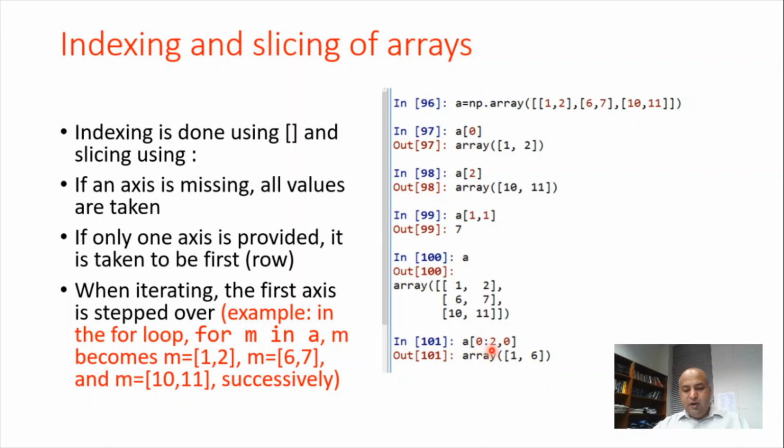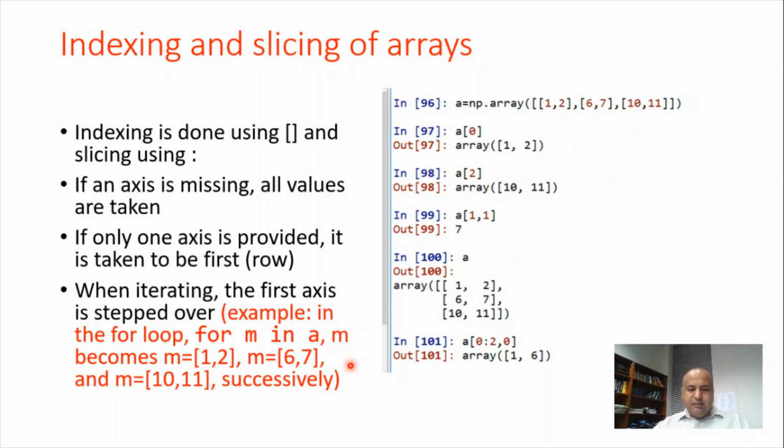So 0 and 1 elements in the first axis, and in the second dimension we have 0. So in the second, 0 selects this one, and 0 to 2 selects 1 and 6. So that's why you see 1 and 6 printed over here. So this is how we can index and slice different parts of an array.